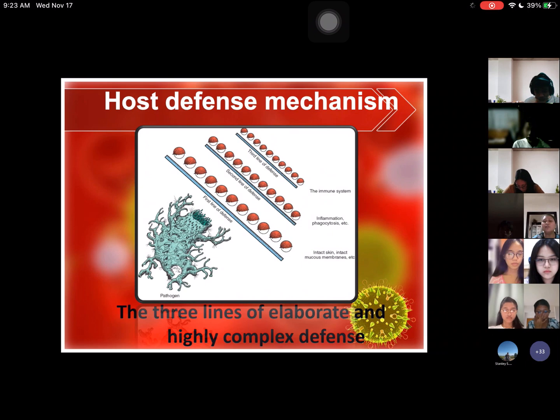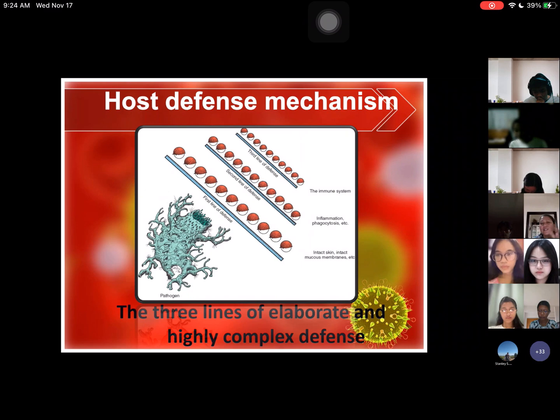So we have three lines of defenses. Okay, we have three lines of elaborate and highly complex defense. If you will be able to notice here in the image, it's like combating. It's like our system is like a soldier, likely to combat those invaders, pertaining to the three lines of defenses.